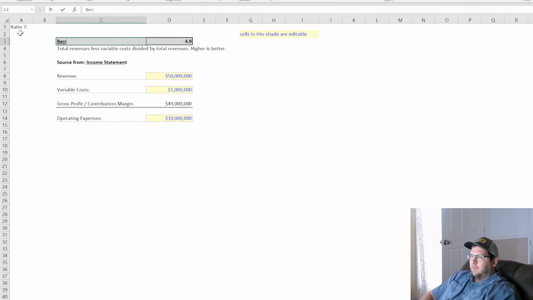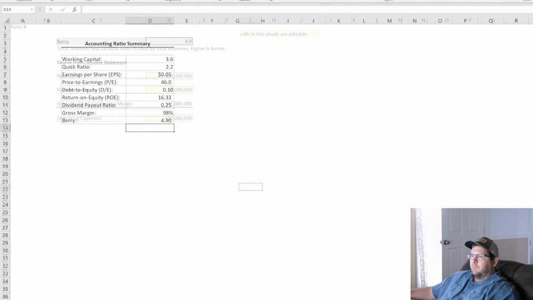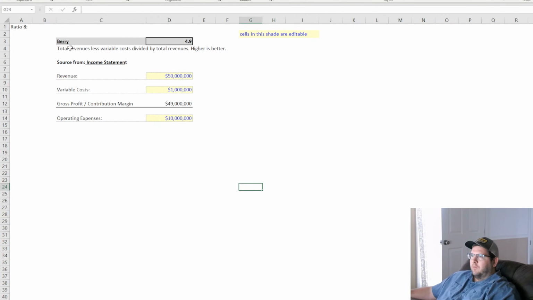Berry. So this is gross profit divided by operating expenses. Alright, well, there's not much more you could say about that.